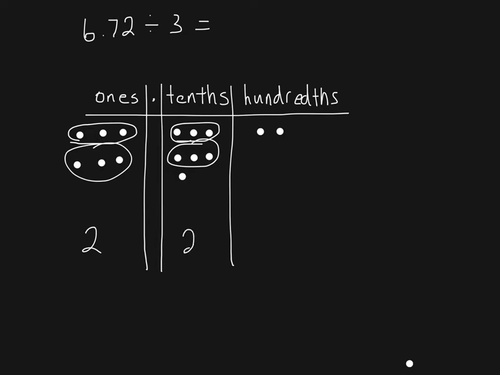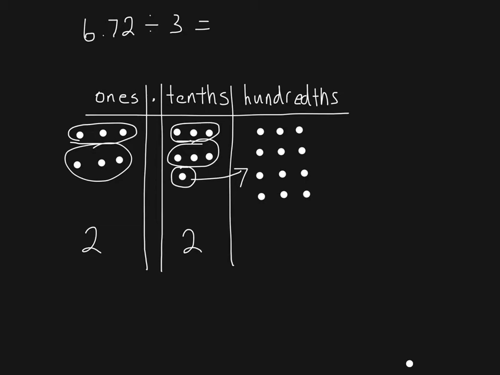So I'm going to go ahead and write down the 2, and this 1 that's left over, I'm going to move it over to the hundredths place, and we all know that 1/10 is equal to 10 hundredths. So I'm going to go ahead and change that into 10 hundredths. 1, 2, 3, 4, 5, 6, 7, 8, 9, 10.